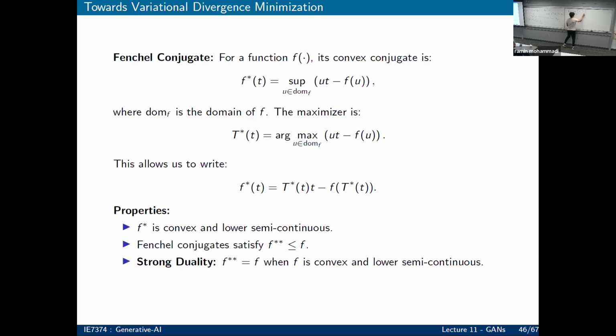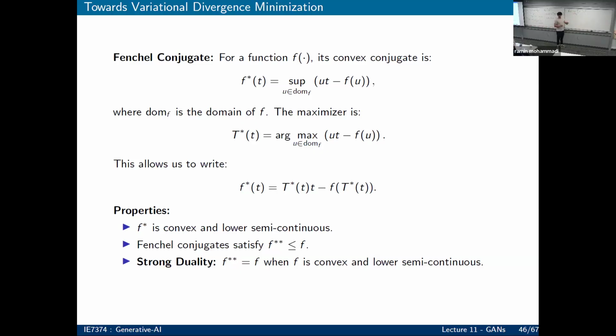So basically, any function can be written as a convex conjugate of that function, and to do that I introduce this t. T could be a set of functions, or just a variable here.